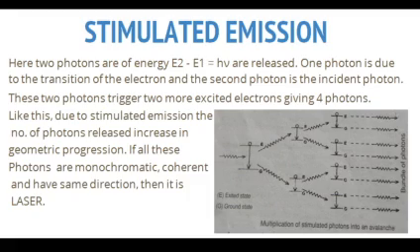So this process is continuous. Due to stimulated emission, the number of photons released increases in geometric progression. If all these photons are monochromatic, coherent and have the same direction, then it is called laser, that is, light amplification by stimulated emission of radiation.